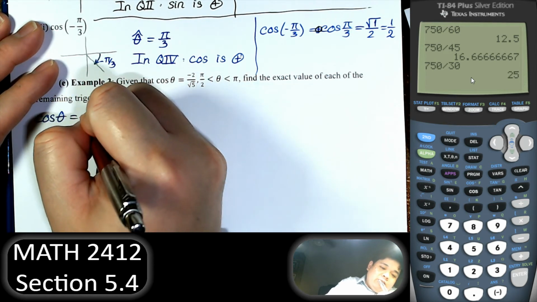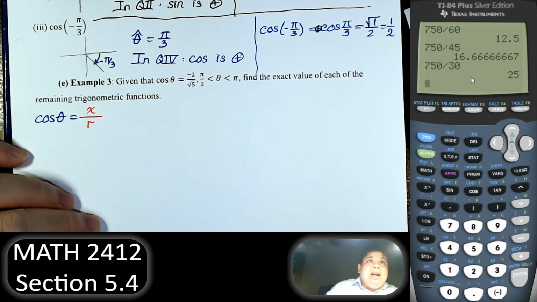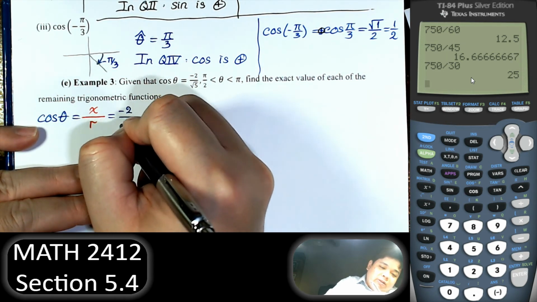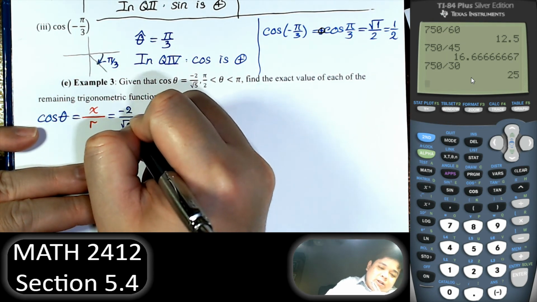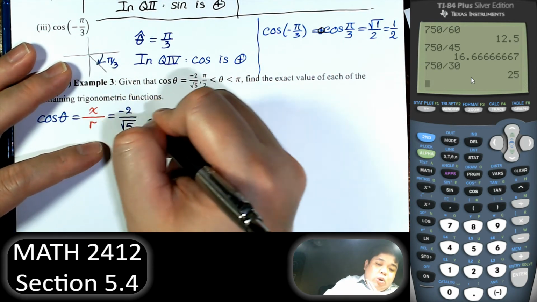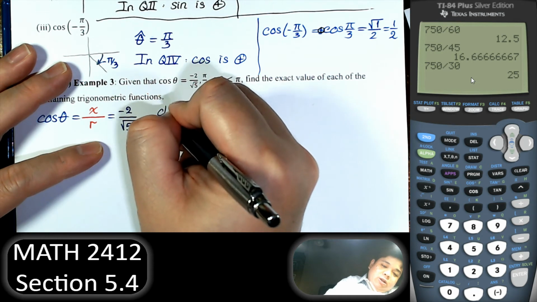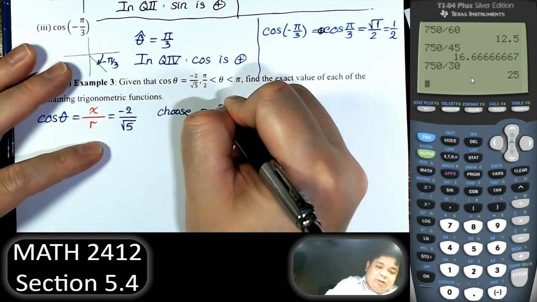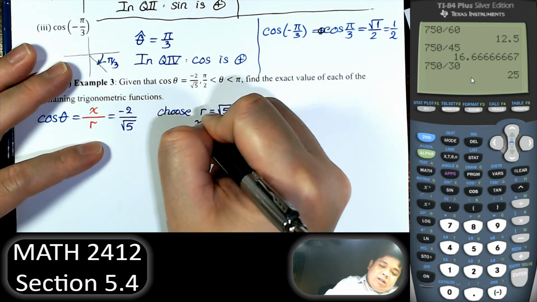X over R, right? And the ratio is said to be negative 2 over square root of 5. R is always positive, so we can choose R to be square root of 5 and X being negative 2.